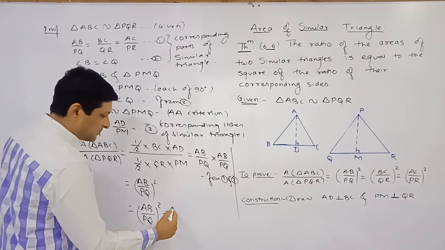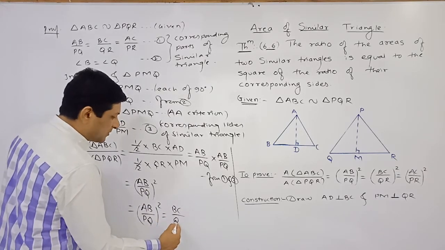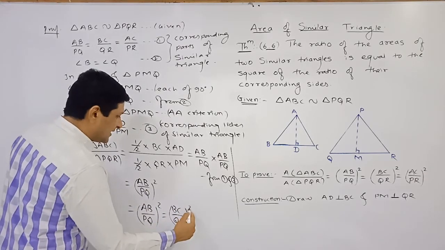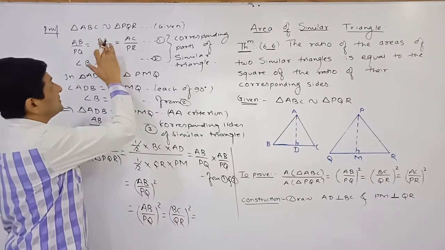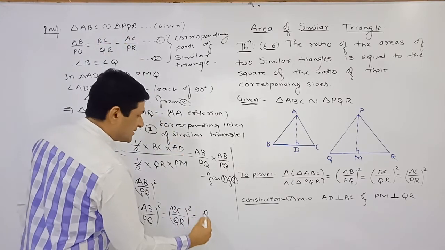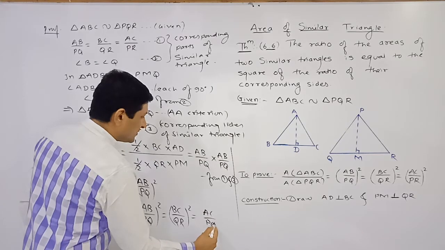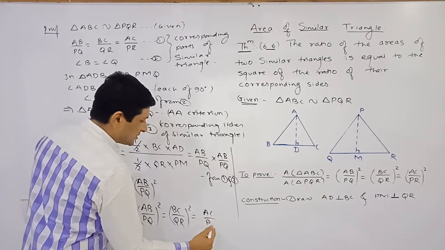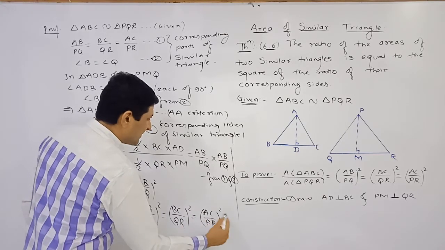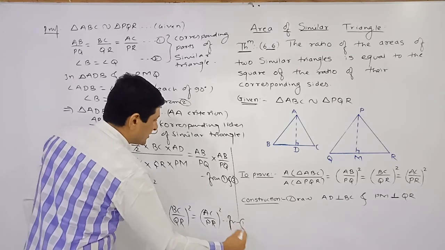Keep the square as it is. Again BC upon QR is also equal to AC upon PR. So this result we are getting from equation number first.